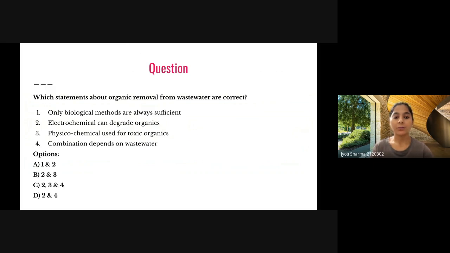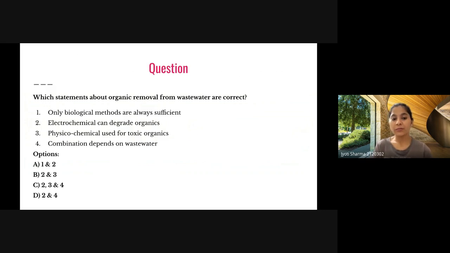Okay. So the next question is, which statements about organic removal from wastewater are correct? Only biological methods are always sufficient. Electrochemical can degrade organics. Physiochemical is used for toxic organics. Combination depends on the wastewater.